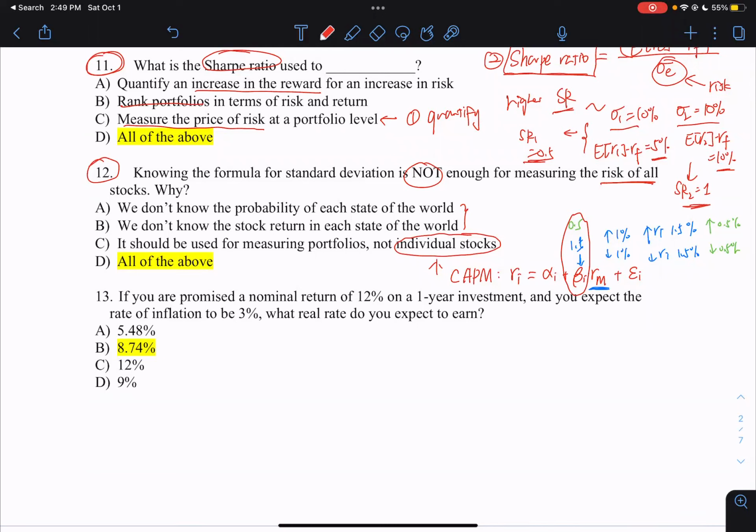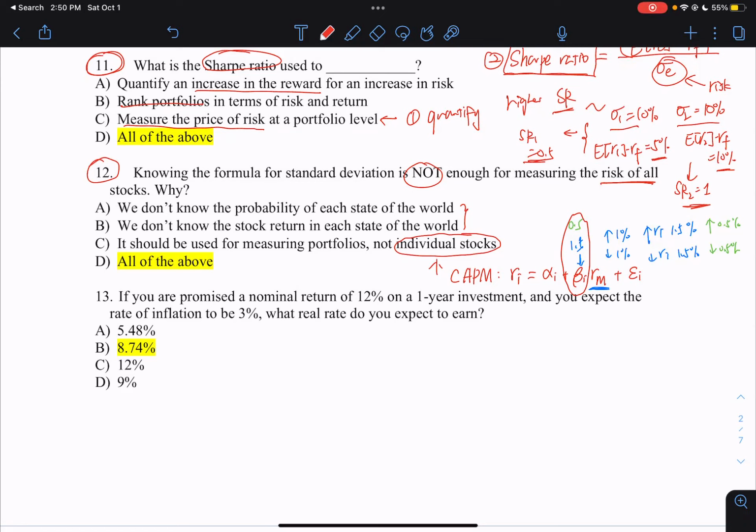So for the risk, what we already learned in class is measuring the portfolio risk, right? The standard deviation. So usually we use standard deviation to capture the portfolio risk. But portfolio risk is not the risk of all stocks. Sometimes people want to know a specific firm, for example Apple or Google, what is the risk of that individual stock?